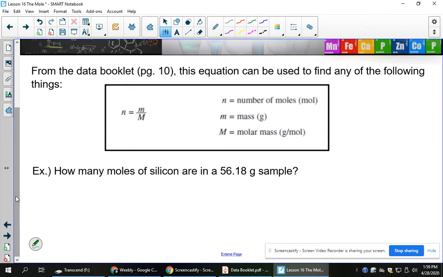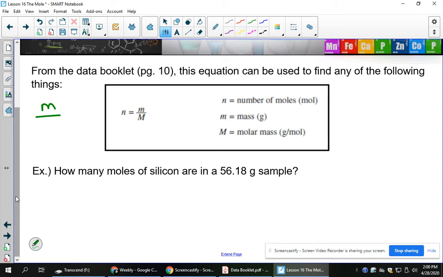Here is a snippet of exactly what the data booklet says. The formula for number of moles is n equals m over M. It's important that you can tell the difference between your lowercase m's and your uppercase. Mine both look really similar, so I usually try to do my lowercase like a soft, rounded m.